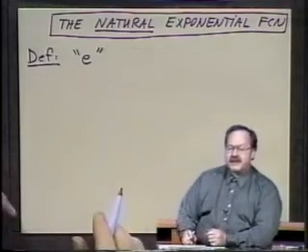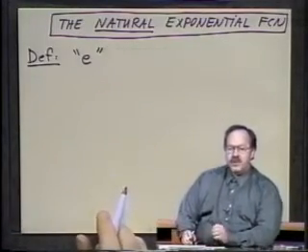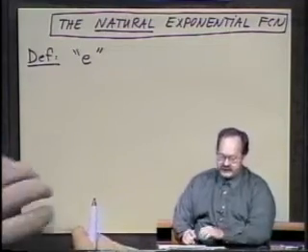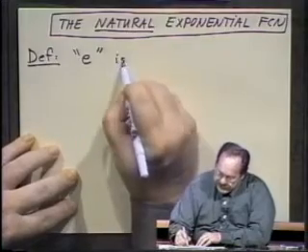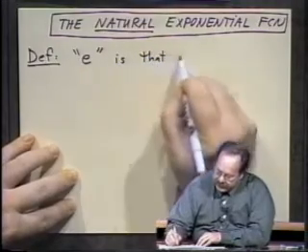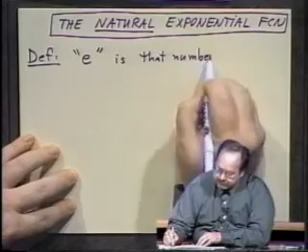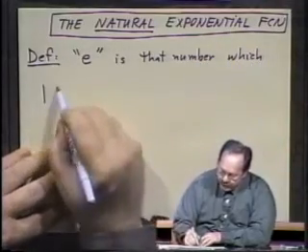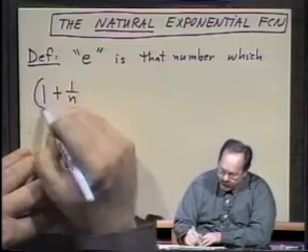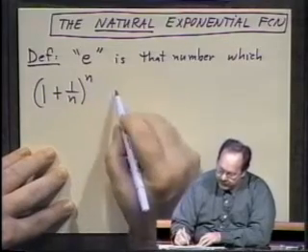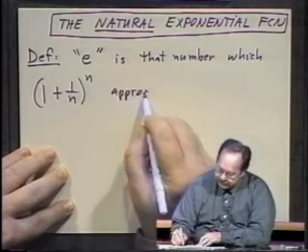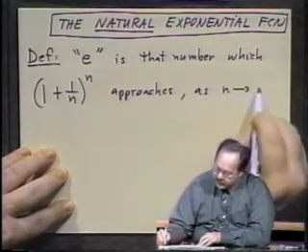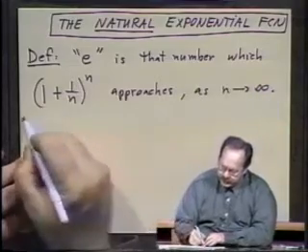Now, I have to be honest, I can't define this in full detail without the notions from calculus. But I can give you a pretty good idea of what this number is. e is that number which the expression (1 + 1/n)^n approaches as n grows without bound, as n goes to infinity.